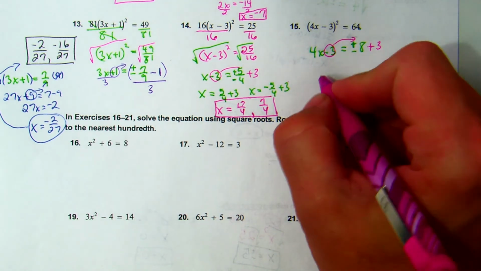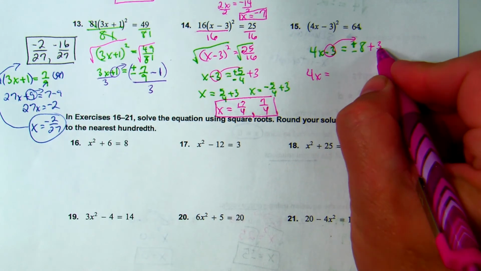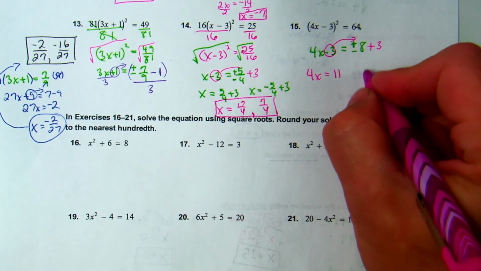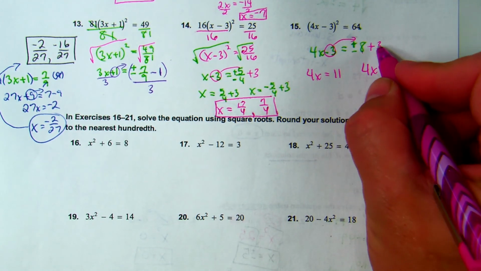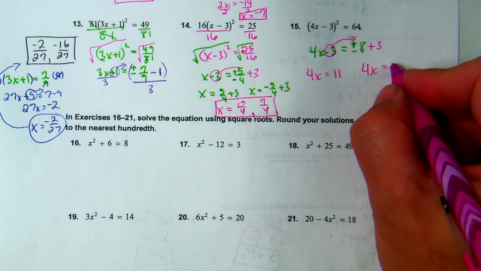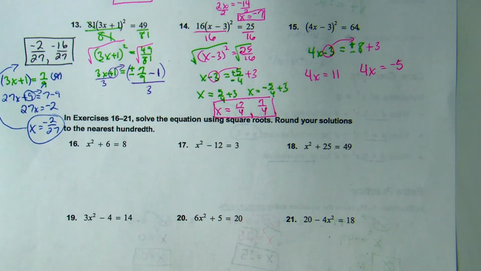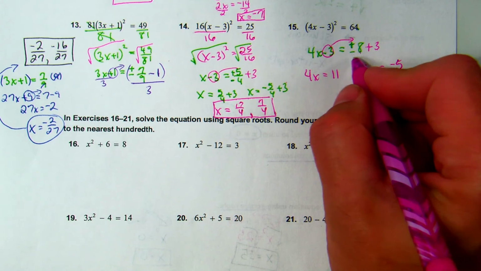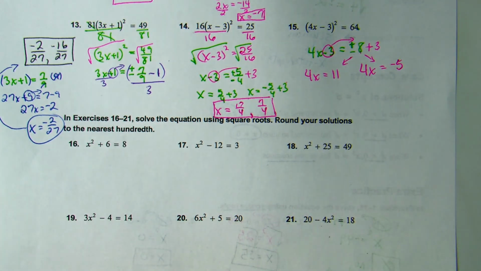So let's do this. We're going to have 4x equal to, if it's positive 8 and positive 3, that's 11. Then we'll have 4x equals, if it's a negative 8 plus 3, it's a negative 5. Does everybody see how I got to that point? I just took this, and I have a positive version, and I have a negative version.